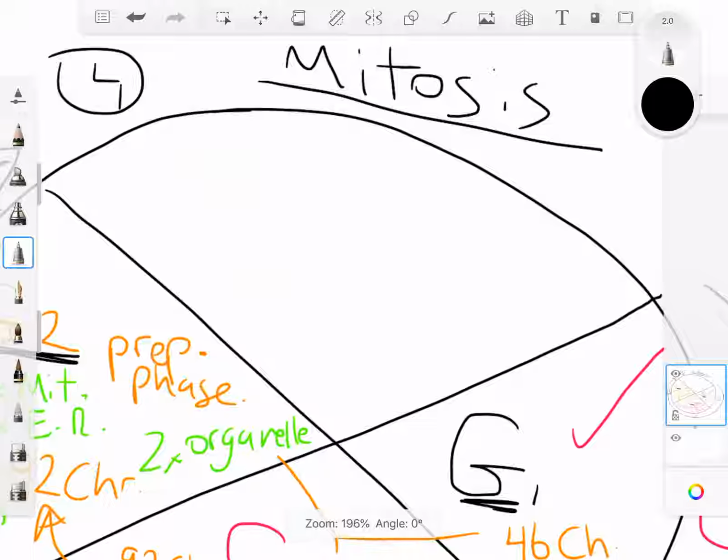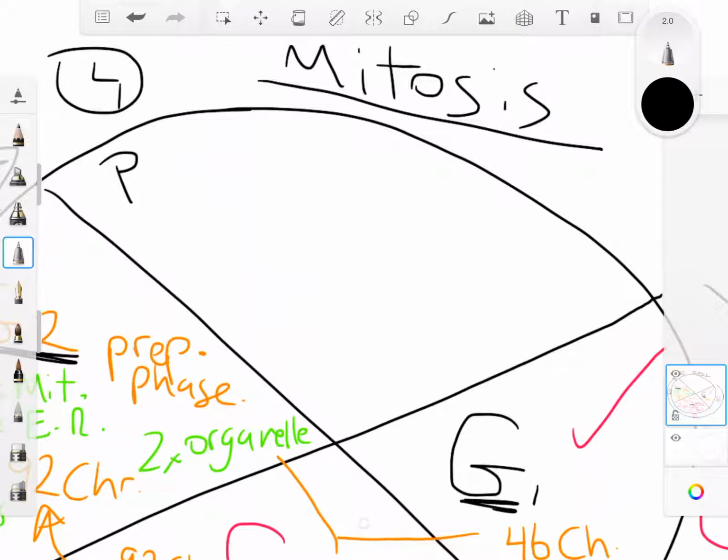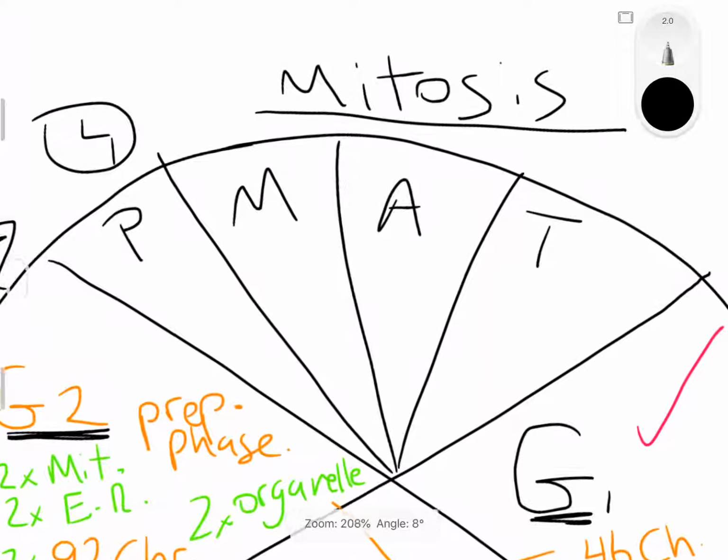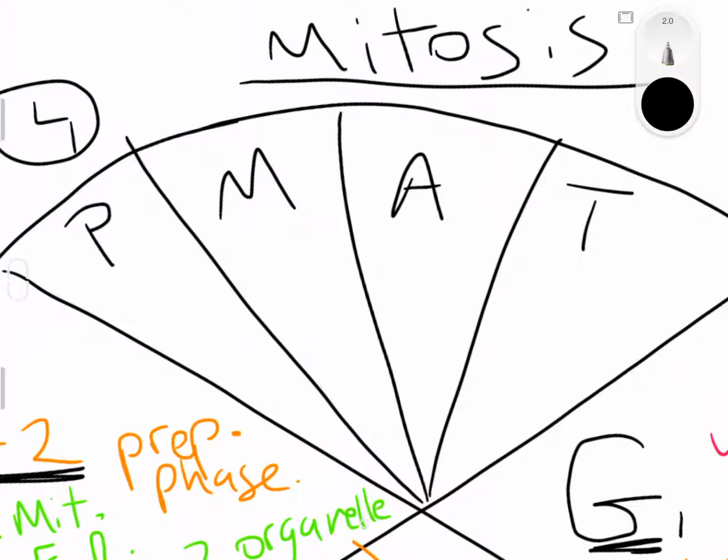Now for mitosis, I said that we have the mnemonic PMAT. So prophase, metaphase, anaphase, and telophase. Here, here, and here. For the sake of condensation and to actually summarize this as much as I can, in prophase, your chromatin condenses.